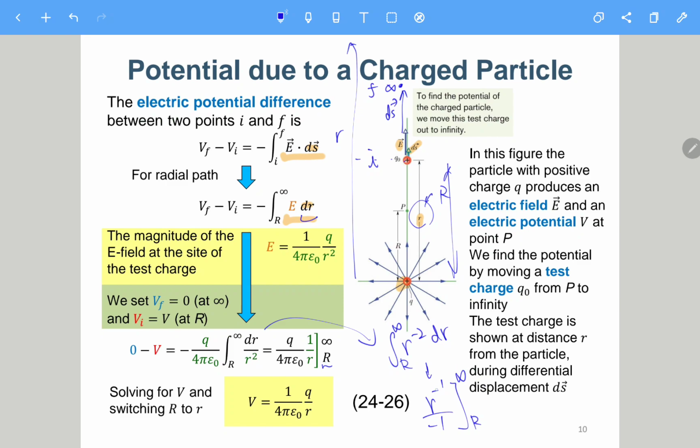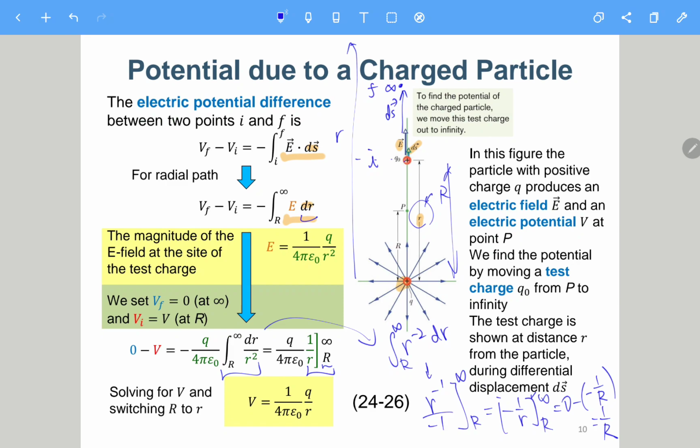When you plug in infinity, this term will be 0. So it becomes 0 minus, and plugging in R gives negative 1 over R. So it turns out to be 1 over R for this thing.